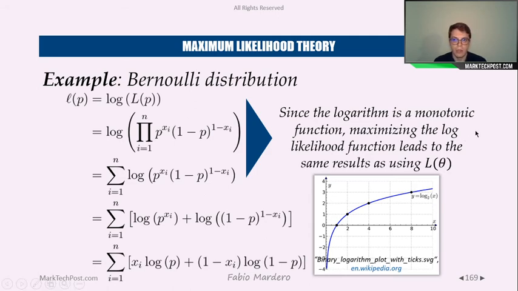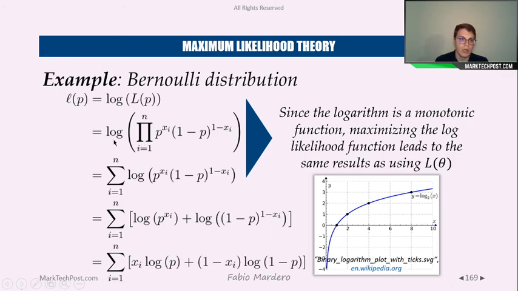Well, the logarithm is a monotonic function, so maximizing the log likelihood function leads to the same results as using the likelihood function. The log function just rescales the value, but keeps the maximum values and the minimum values. So for simplicity, we will refer here to the log likelihood function as the log of the likelihood function.